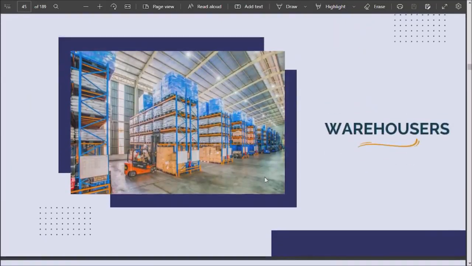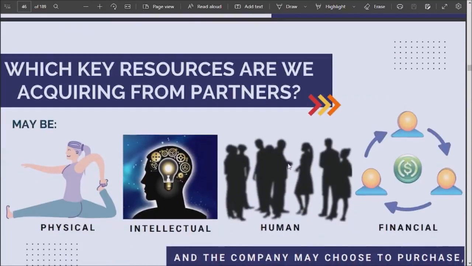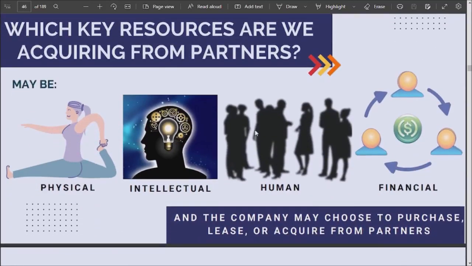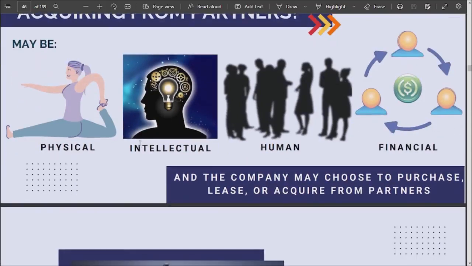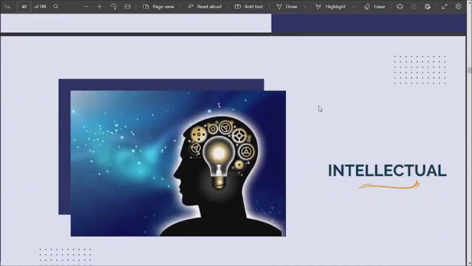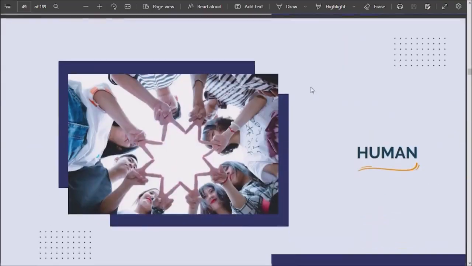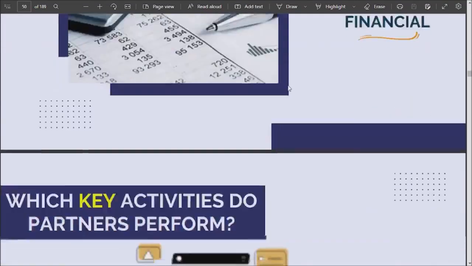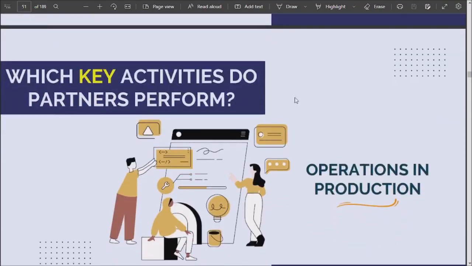Now, which key resources are we acquiring from key partners? It may be physical, intellectual, human, and financial, and the company may choose to purchase, lease, or acquire from partners. Which key activities do key partners perform?